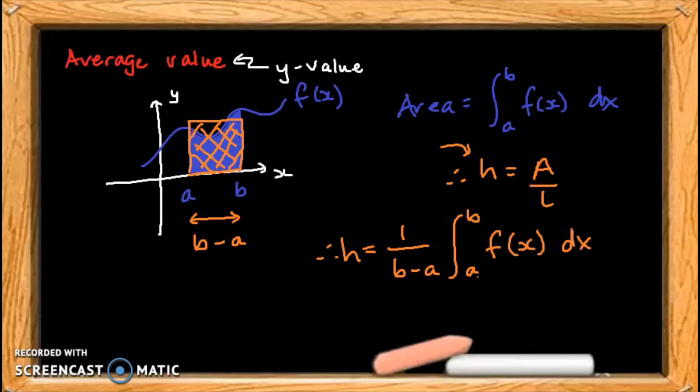And this is the formula we use to find the average value of any function across the domain from A to B.